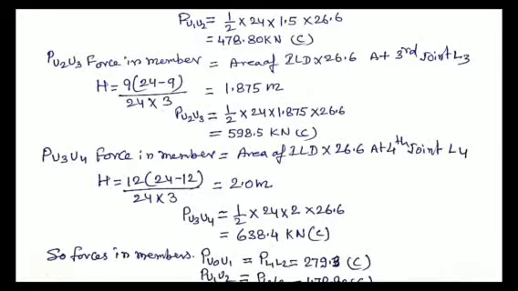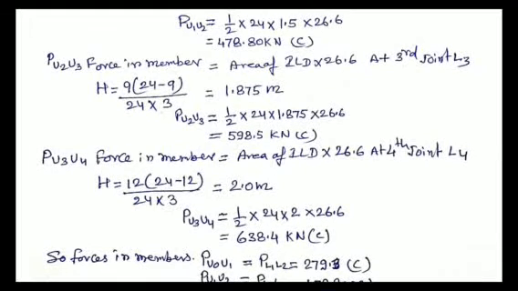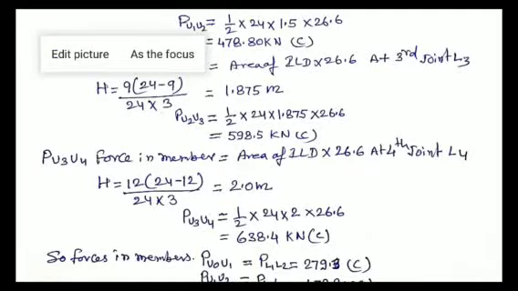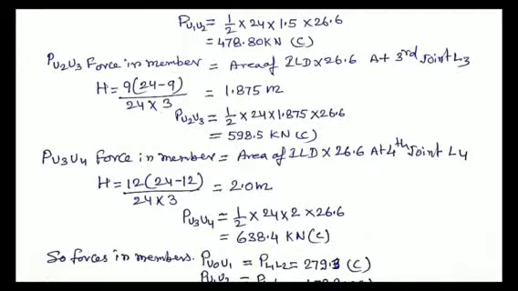Now the force in the U2 U3 member will be the area of the ILD multiplied by 26.6 at the third joint. So at the third joint we will find the height of the ILD triangle. The height will be 3 into 3 because it is the third span and the panel length is 3 meters. So 3 into 3, 9, multiplied by 24 minus 9 divided by 24 into 3.